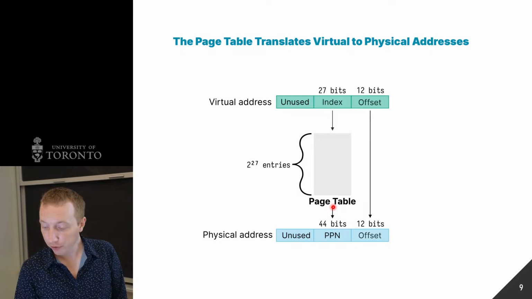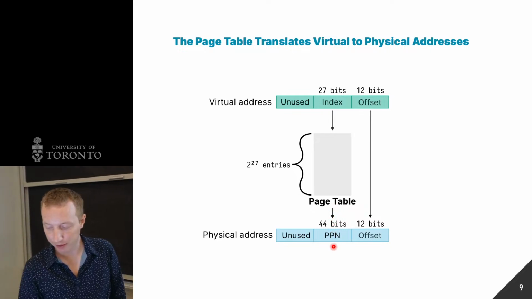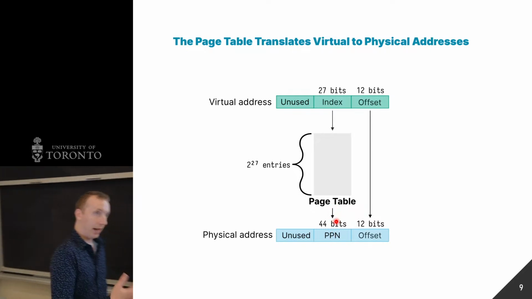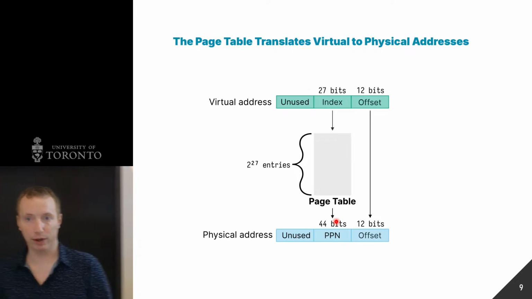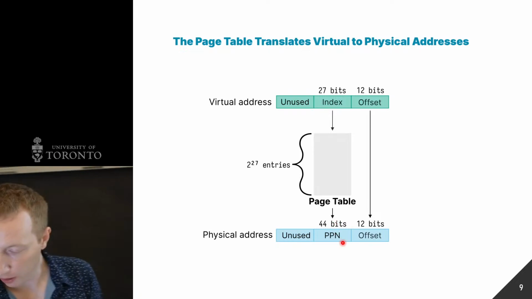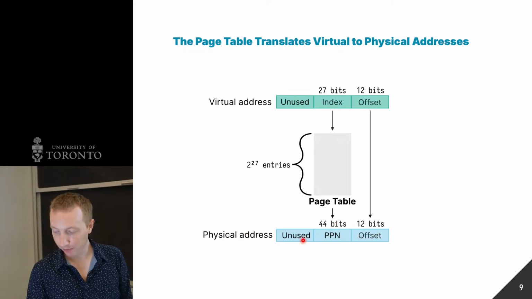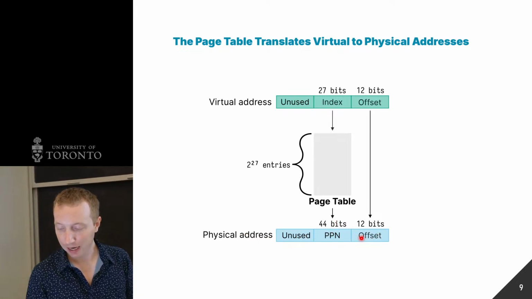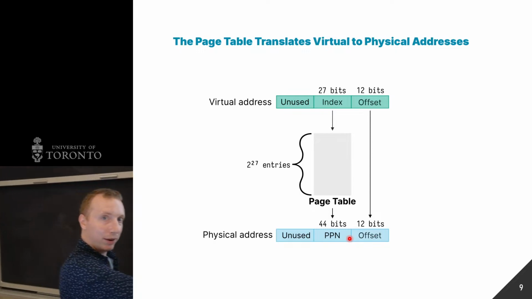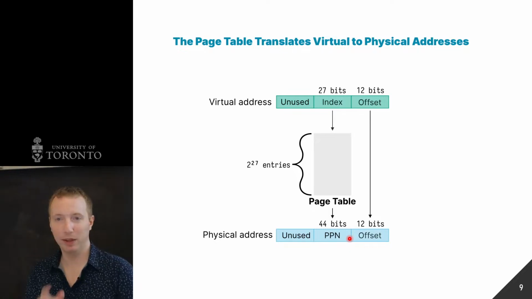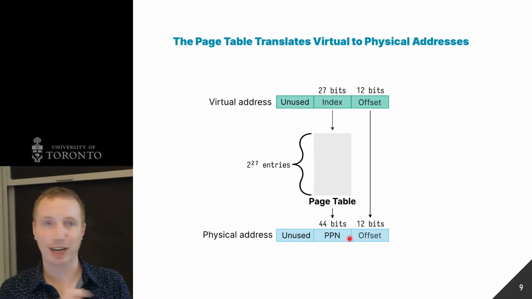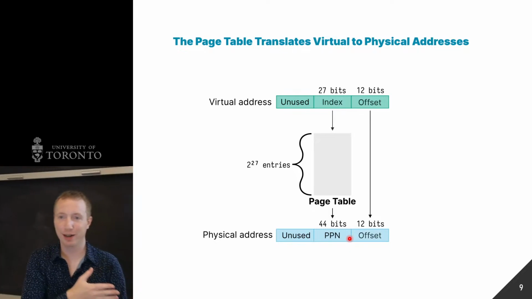And then it turns out this 44 bits here is how many physical pages we can do translations for. So you might notice that this physical address, if I add up the bits, there are only 54.